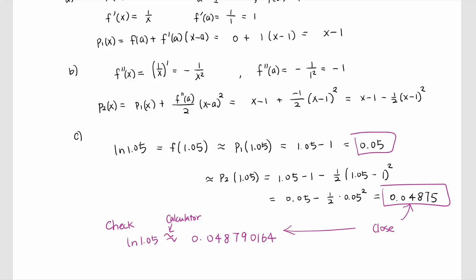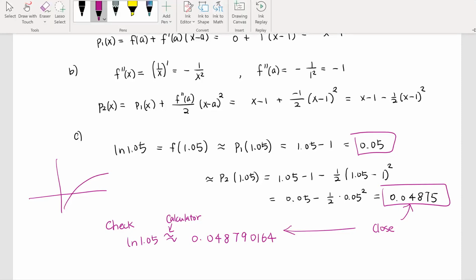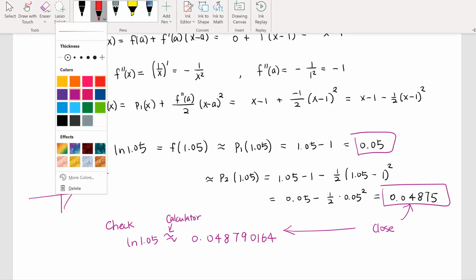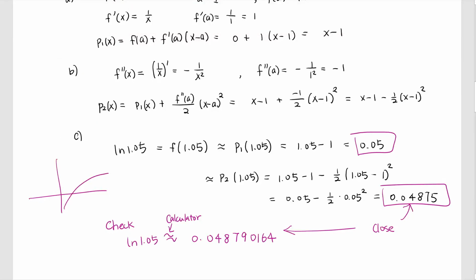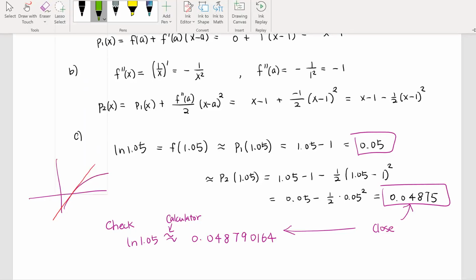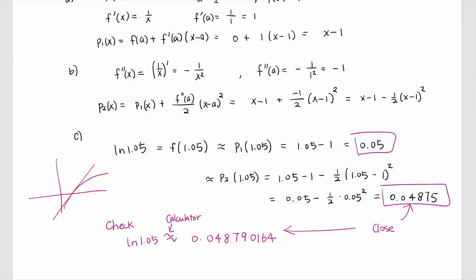And that makes sense because your function looks like that. One is right here. If you use the tangent line, it might look like this. But if you use your quadratic approximation, which is a quadratic polynomial, it is like that.